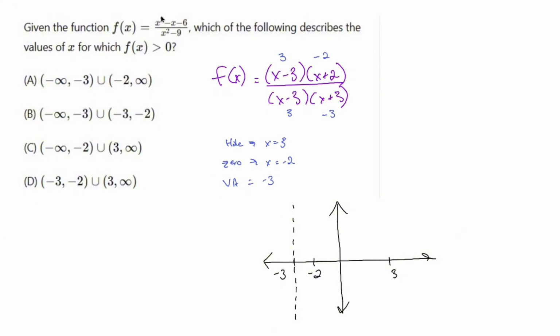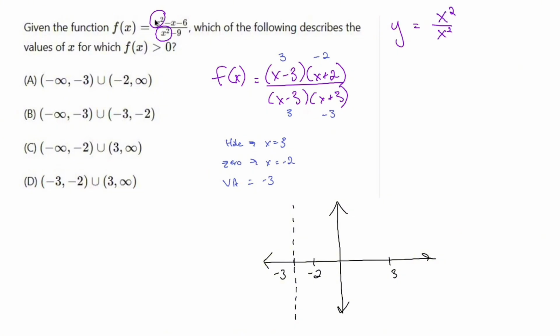Let's do the horizontal asymptote first. Now the horizontal asymptote is going to live whenever the degrees are the same in the numerator and the denominator, or the degree in the denominator is higher. You're going to have a horizontal asymptote. These are the same. So my horizontal asymptote is going to be at x squared over x squared.